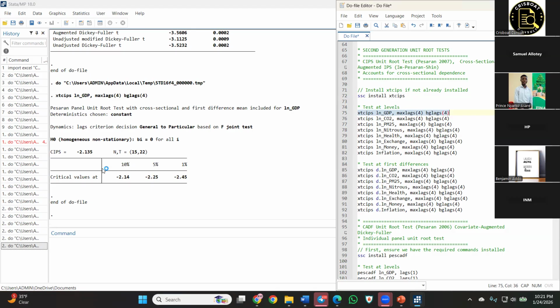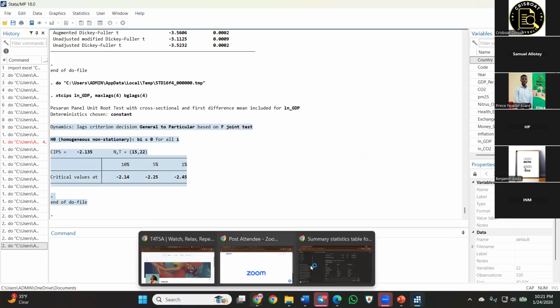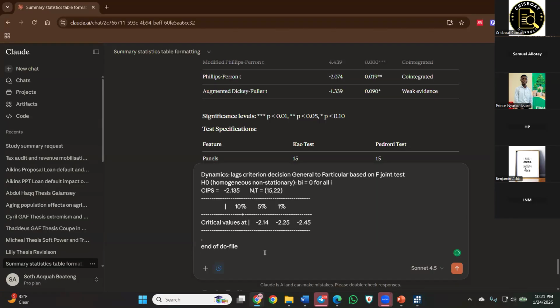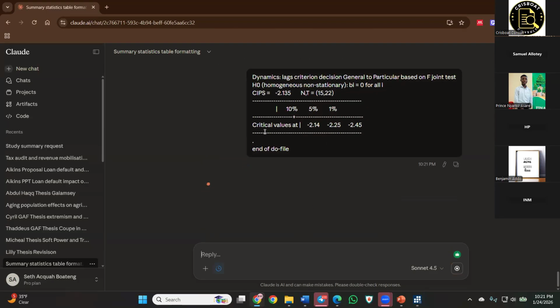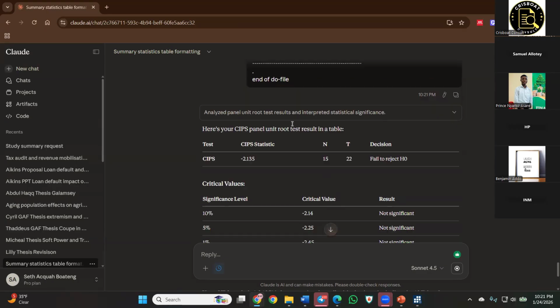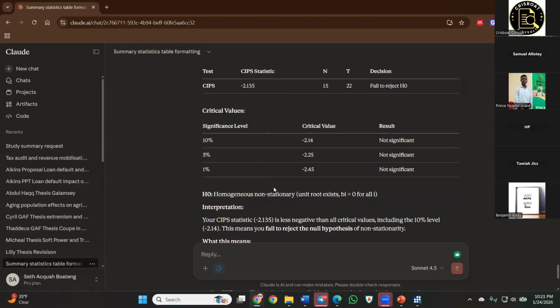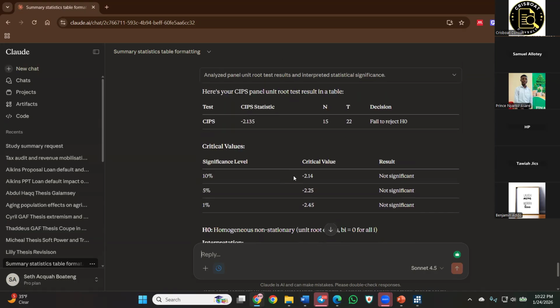But in SIPS or unit root testing, we use the SIPS value to compare the critical values. You can run all and then interpret your results. We compare the SIPS value, which is the negative 2.135. Please hope you can see my AI screen. So we compare the SIPS value to the critical values.